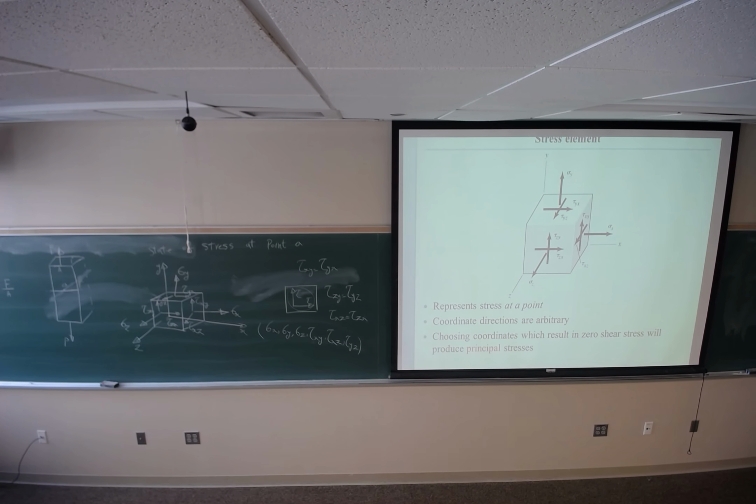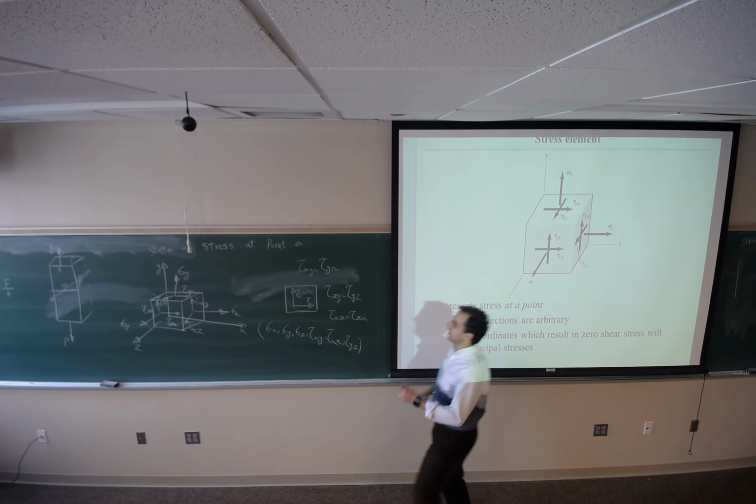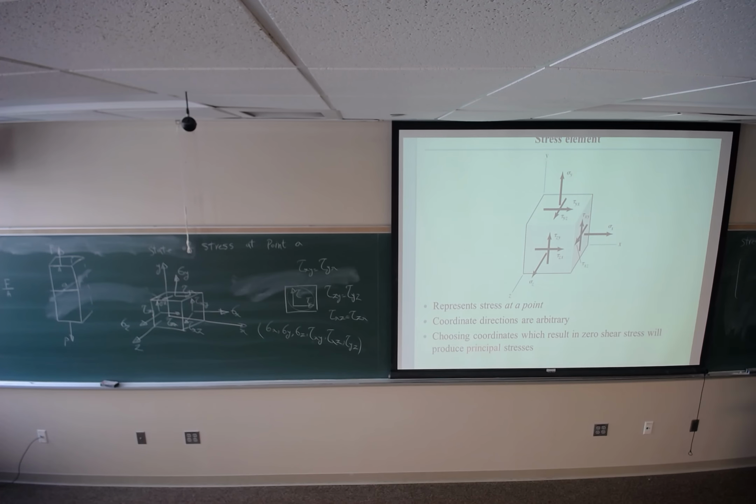All right, back to this. We can define something that we say stress tensor. Stress tensor is representing the stress element at a point. It's gonna be a 3 by 3 matrix.